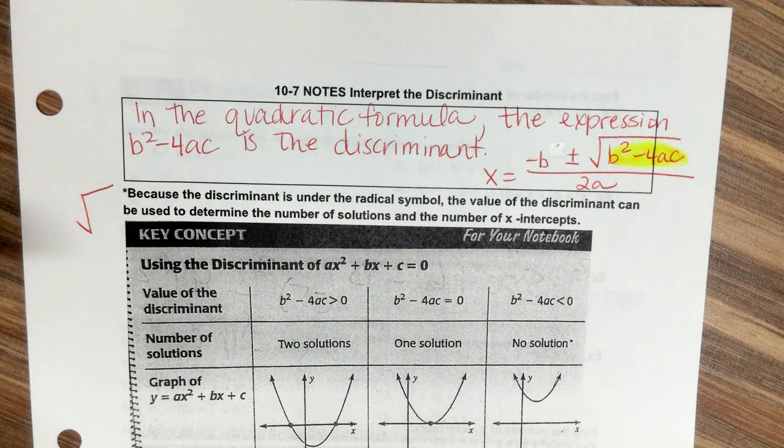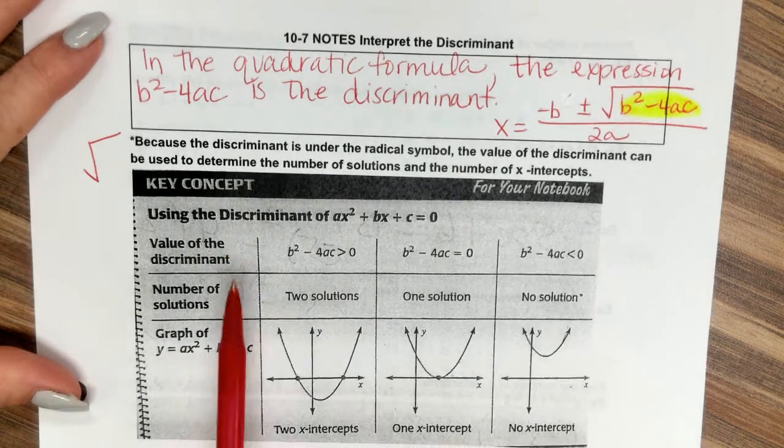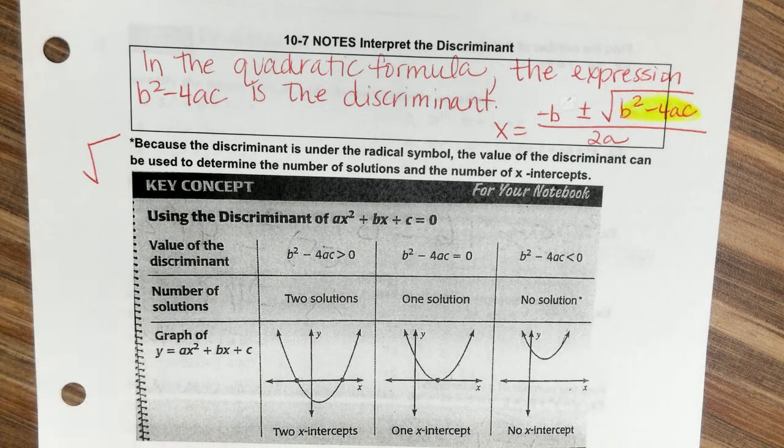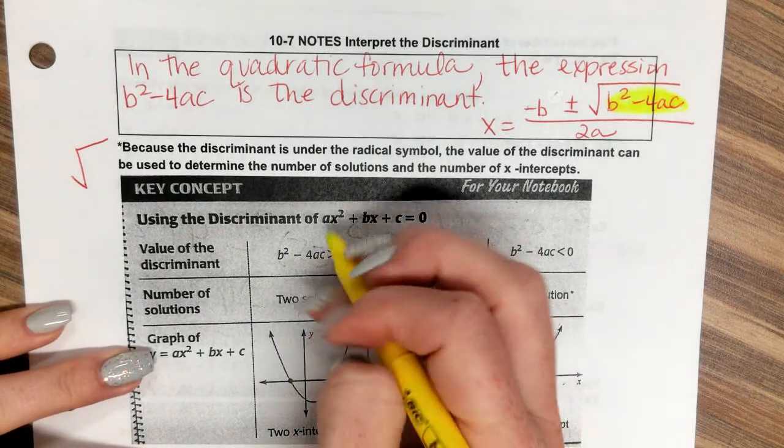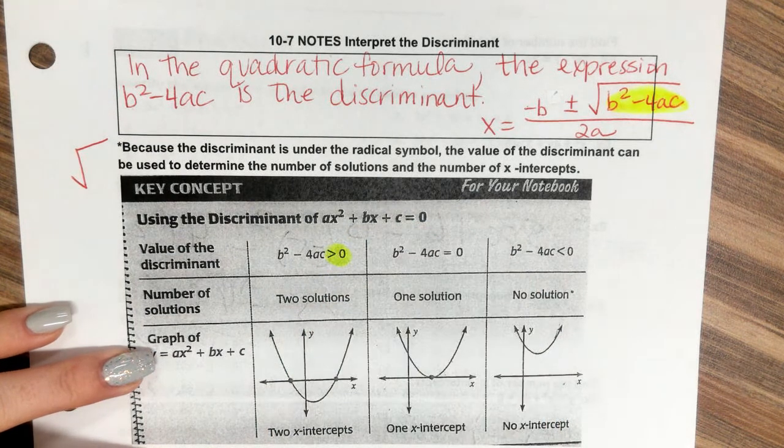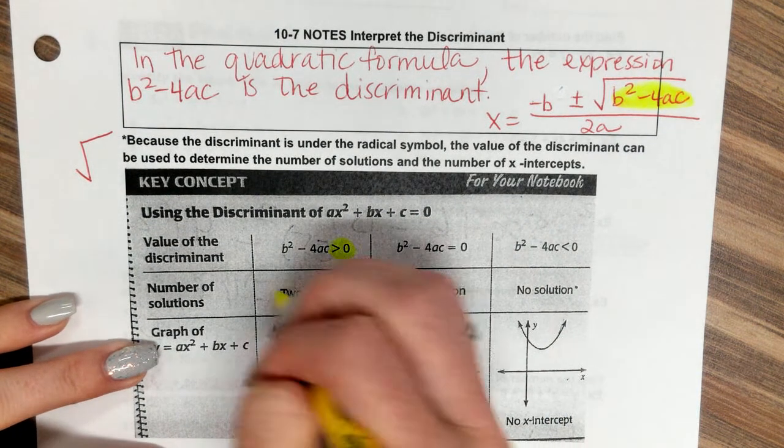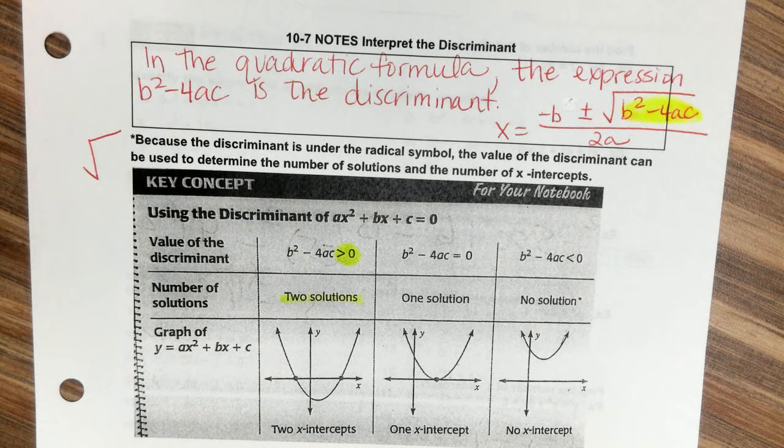If you know b squared minus 4ac, then you can tell me whether it has one solution, two solutions, or no solution. If b squared minus 4ac is greater than 0, you're going to have two solutions. Any number greater than 0.